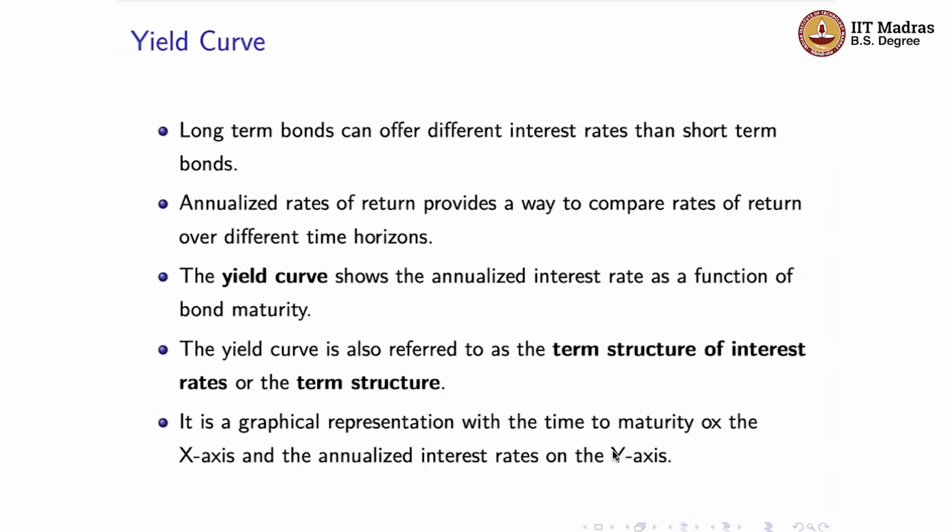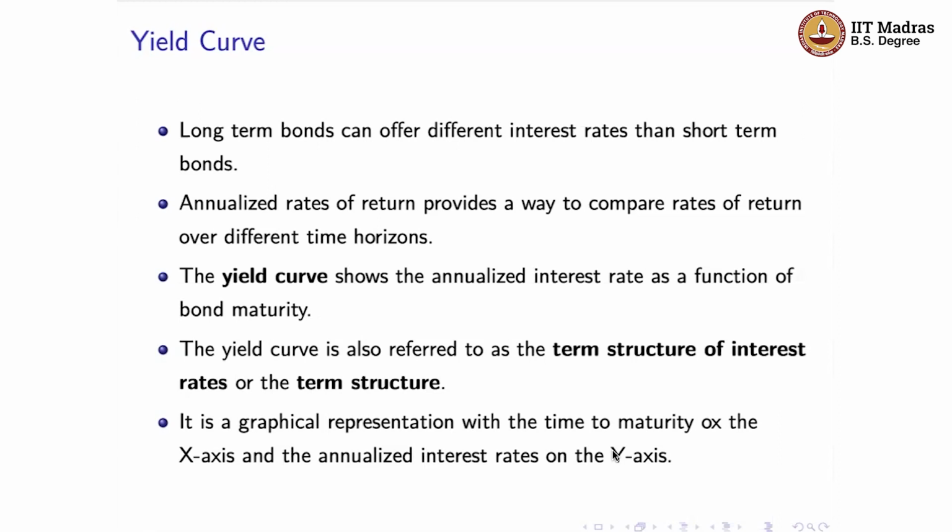The yield curve actually shows the annualized interest rate as a function of the bond maturity, right? Remember that the bond maturity tells us the last date at which the bond payment is due. And annualized interest rates, as we discussed, is a way of standardizing the interest rates that you have.